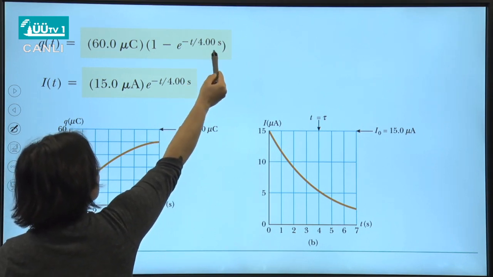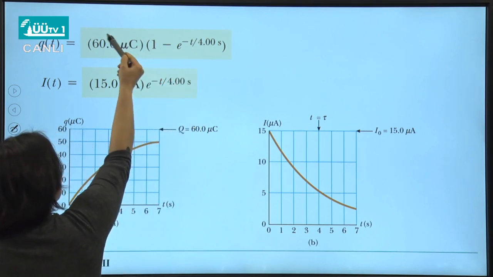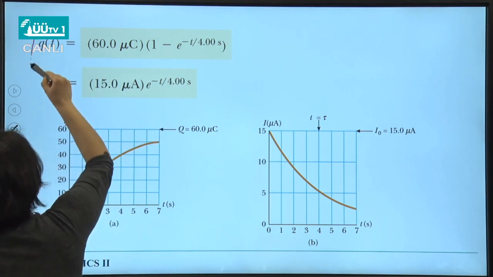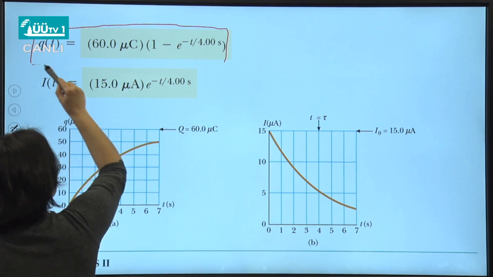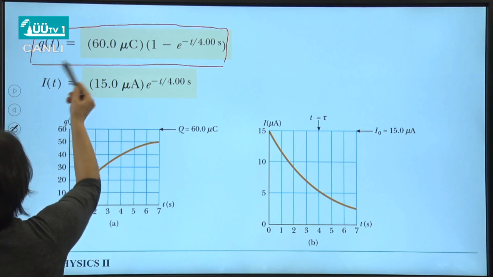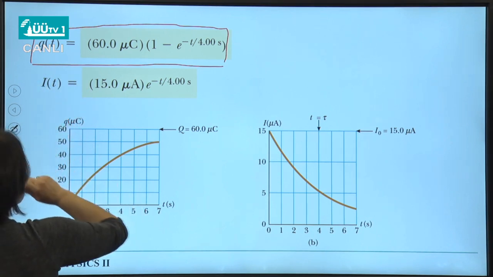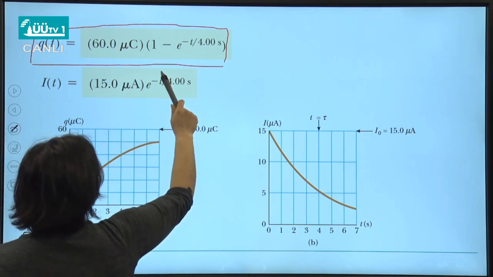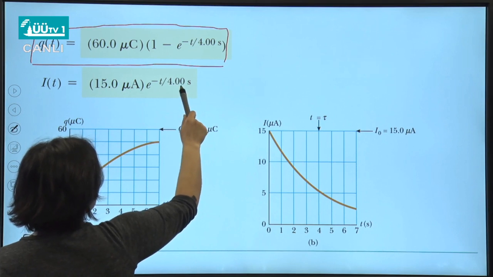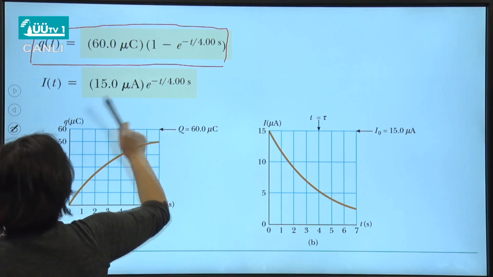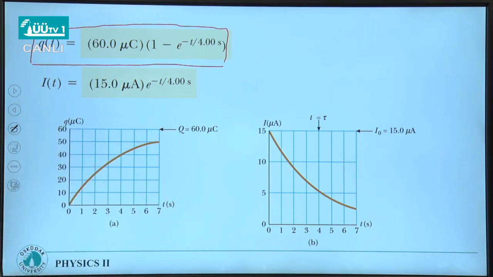We found RC as 4 seconds and we found the maximum charge as 60, so you can substitute them and find the time dependent formula of the charge. And for the current, we said the maximum current times e to the power minus t over RC, RC again 4 here, and we can write the maximum value of the current, and when we multiply them we will find the equation for the current.